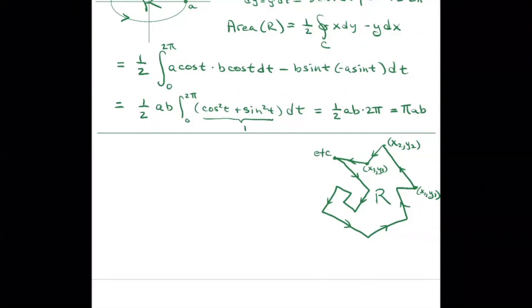Yeah, the area comes out negative if you go clockwise, which is not the end of the world, right? Who cares? But it changes the sign of the answer. Okay, any questions?